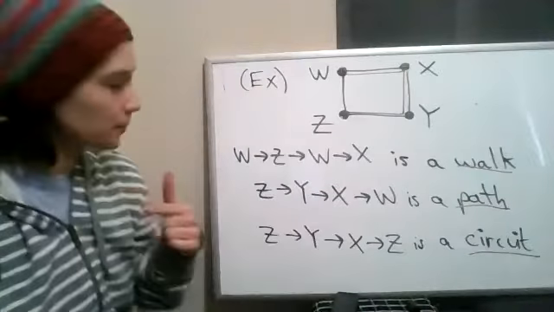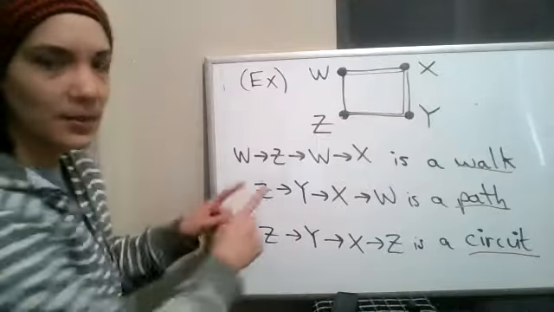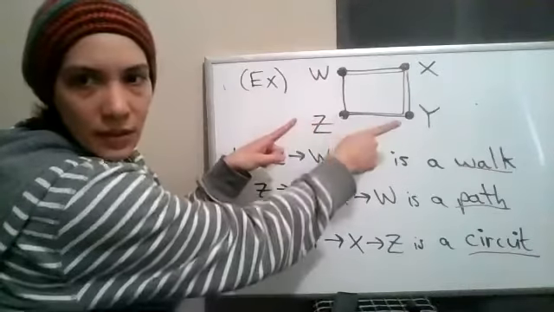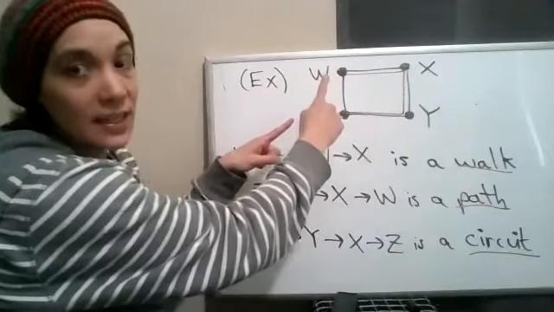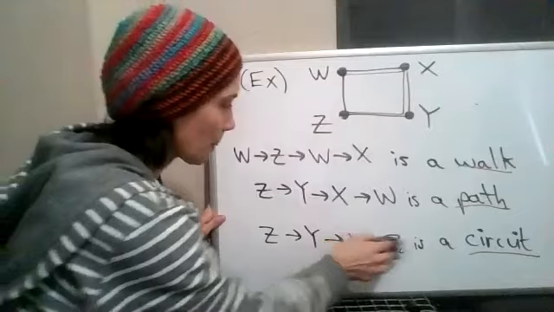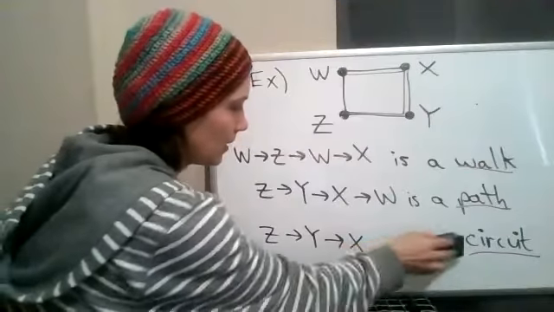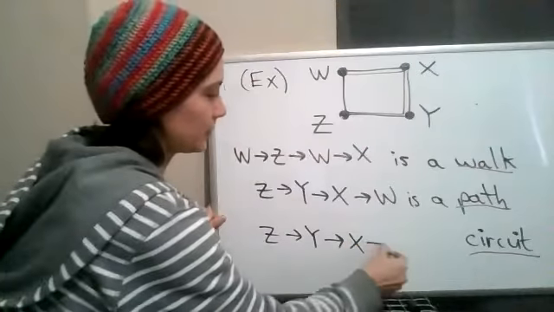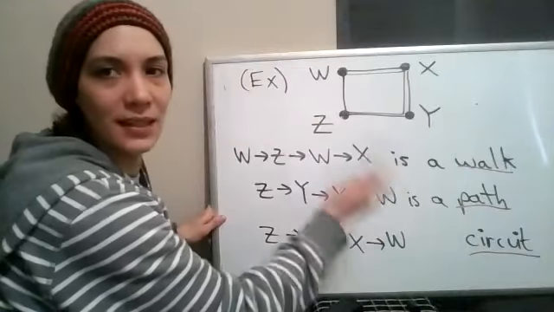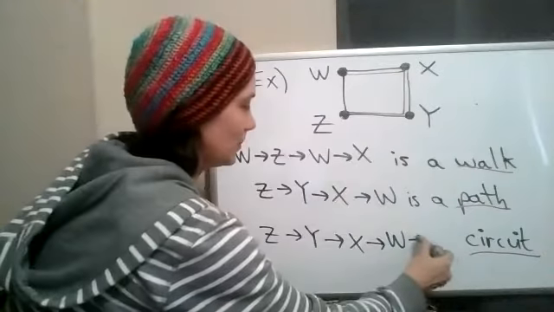Oh, that's my mistake. I skipped it. Z to Y to X. No, I need W. Thank you. Yeah, I was just wondering if circuit made an exception. Thank you so much. No, thank you too. And then back to Z.